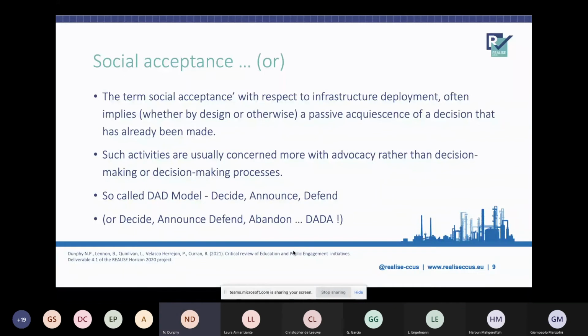You should know this. You should accept this, rather than involving these citizens in the decision-making process. This is the so-called DAD model: decide, announce, defend. And unfortunately, it often becomes DADA: decide, announce, defend, and abandon, because there's no social acceptance.